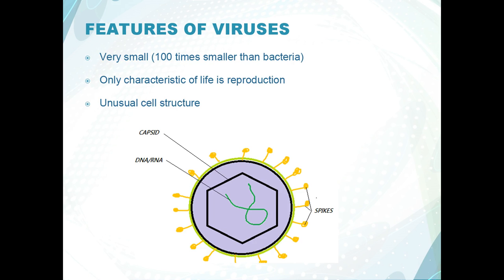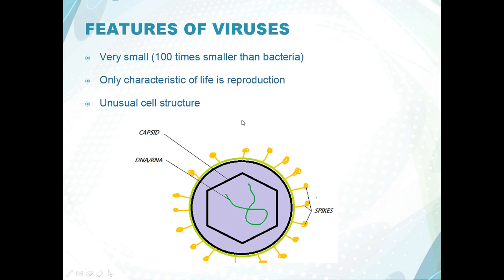And finally, the last part of the syllabus wants you to understand the features of viruses. Now, viruses are extremely small. Compared with bacteria, they're 100 times smaller, so you can only imagine how small these things really are. It's pretty controversial.